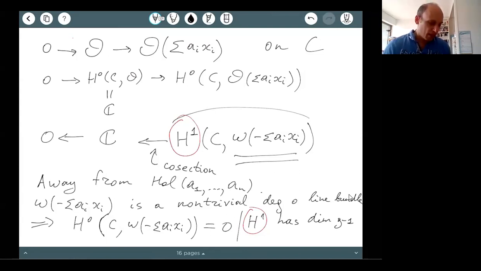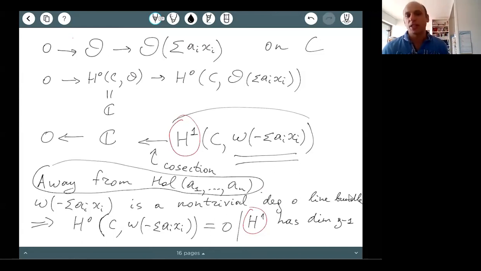So away from the holomorphic locus, these H1s always have the same dimension g minus 1, and this means that they actually form a vector bundle of rank g minus 1.